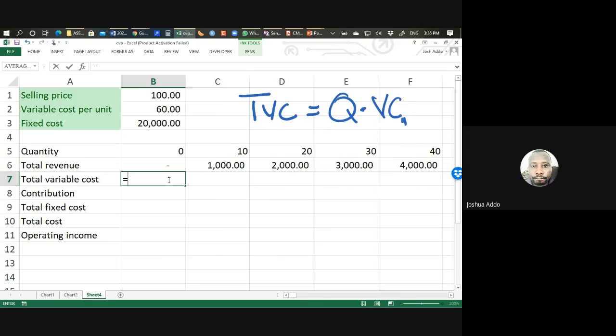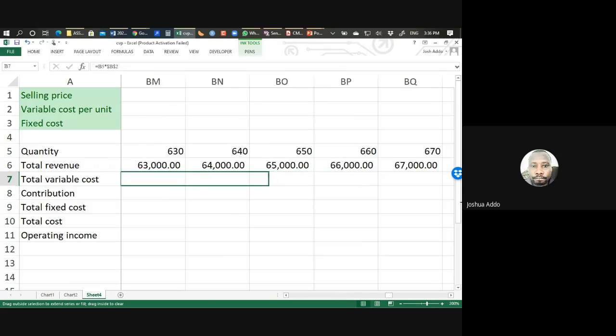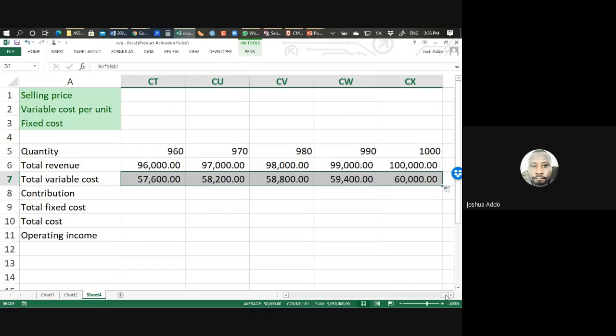This is equal to Q, which is 0, multiplied by variable cost per unit, which is this. And the variable cost per unit cell should be made an absolute cell reference. So I do enter and drag all the way from 0 to 1,000. And that should take you a few seconds.